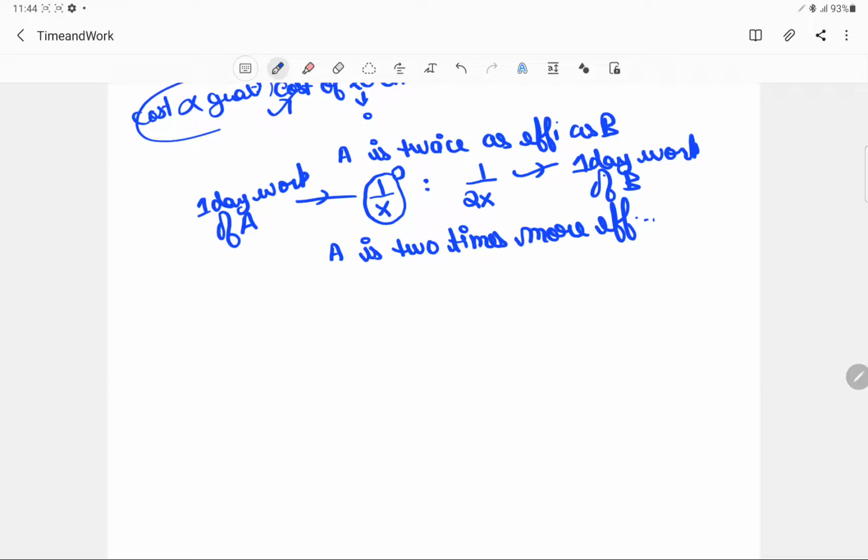For example, if B is completing it in 3 hours, then A is completing it in a single hour. Okay, 2 times more efficient. So if it is like 1/x, then this would be not 2x, this would be 3x, that is x plus 2x.